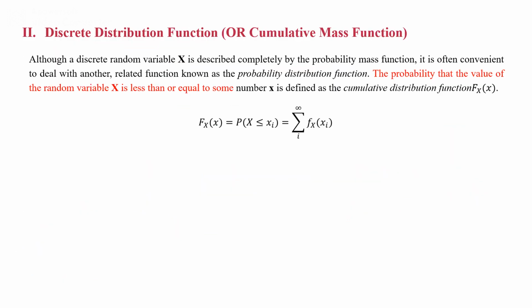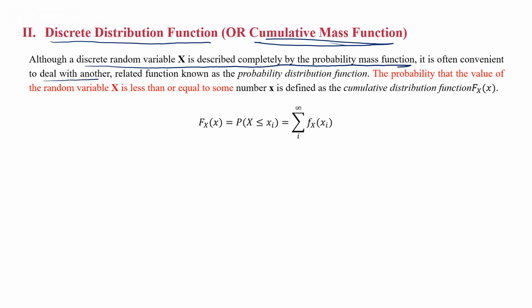The second function, which we discussed in that chart, is the discrete distribution function, or sometimes we say cumulative mass function, because we are taking a discrete random variable, so we use the word mass function. Although a discrete random variable X is described completely by a probability mass function, it is often convenient to deal with another related function known as the probability distribution function.